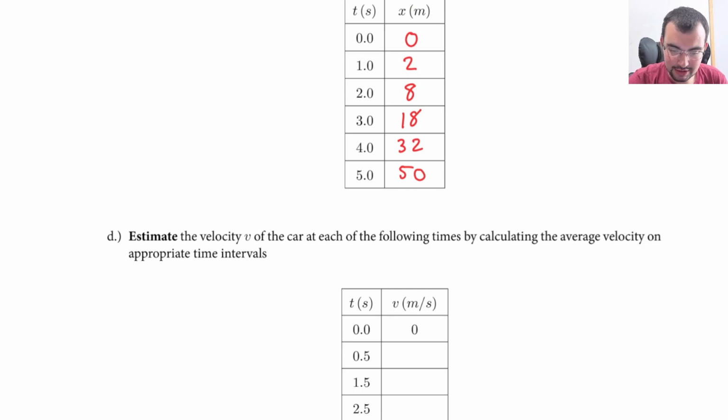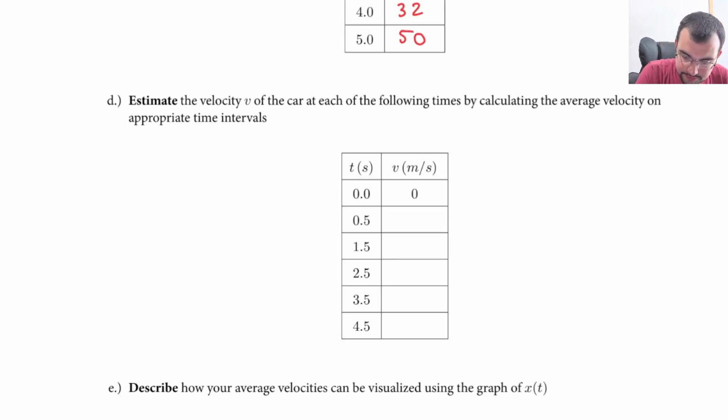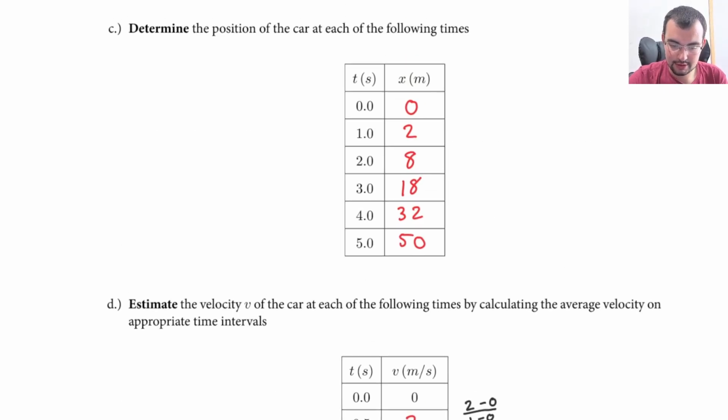So at 0.5 seconds, this would be 2 minus 0 over 1 minus 0, which would give us a velocity of 2 meters per second, right?